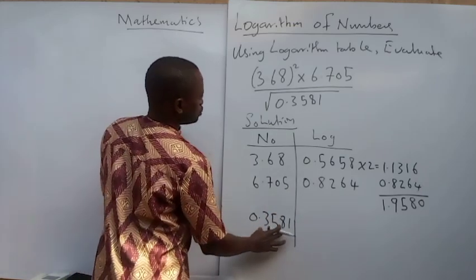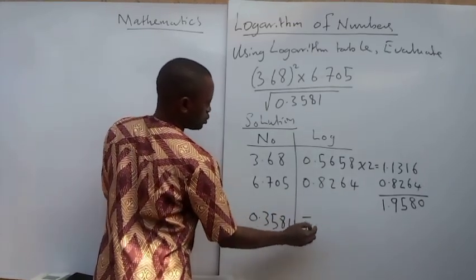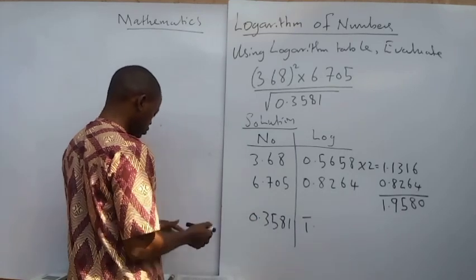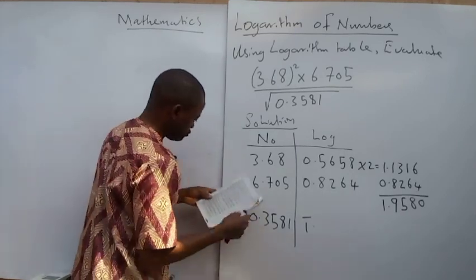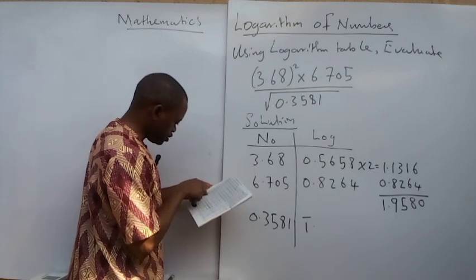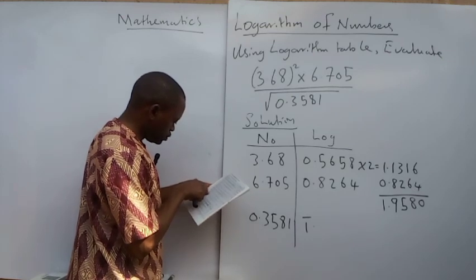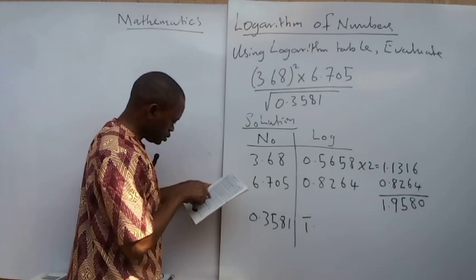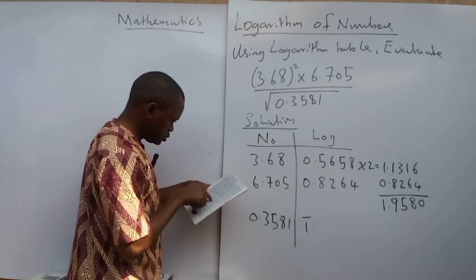The characteristic of this is bar 1 point. 35 under 8, difference 1. This is 35 here. Follow that line under 8. Under 8 is 5539.